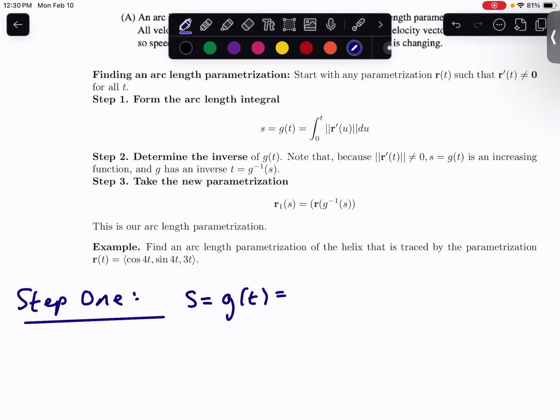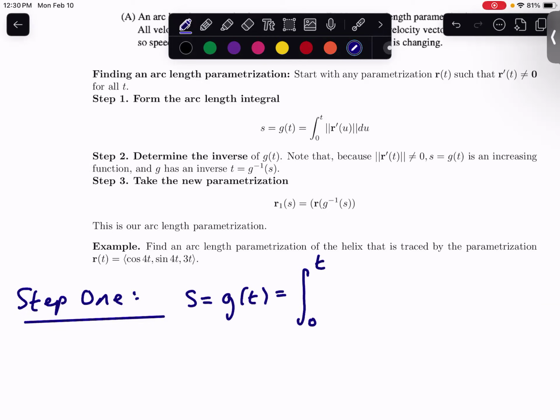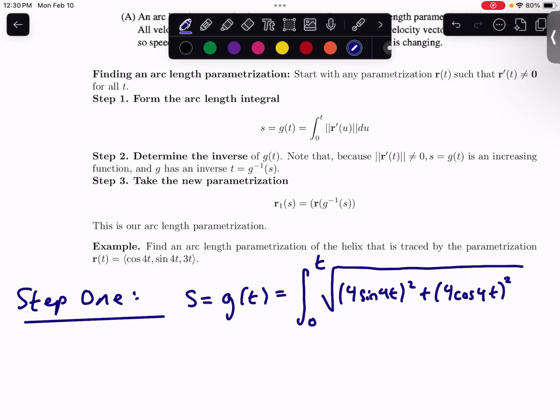This, by definition, is equal to the integral from 0 to t of the magnitude of the derivative. And so the magnitude of the derivative is going to be the square root of the square of the derivative of cosine of 4t. So that's going to give you, say, 4 sine of 4t squared plus 4 cosine of 4t squared.